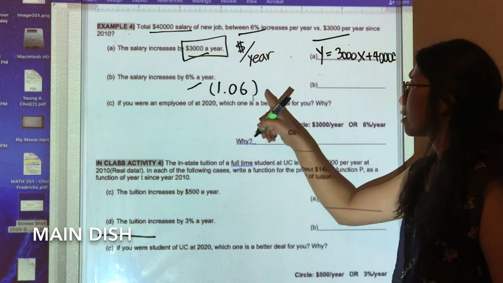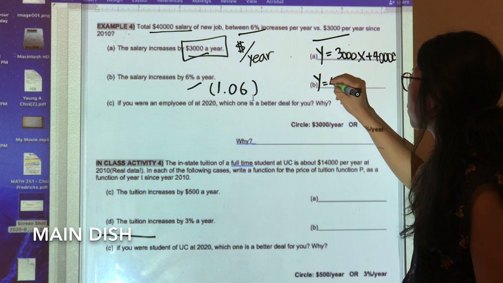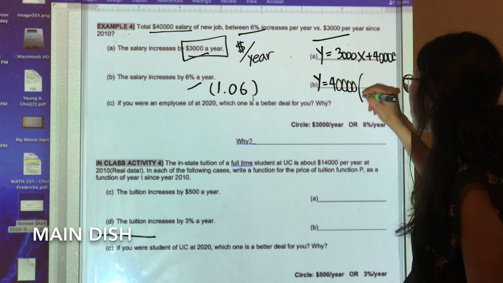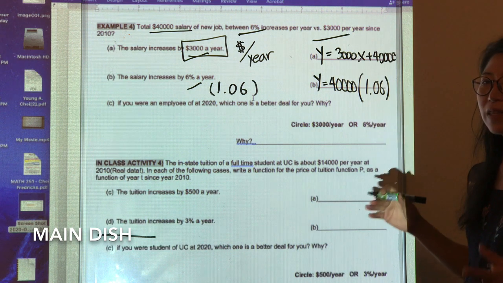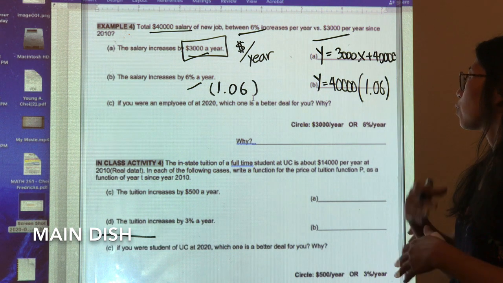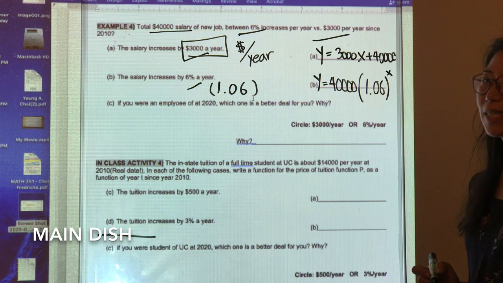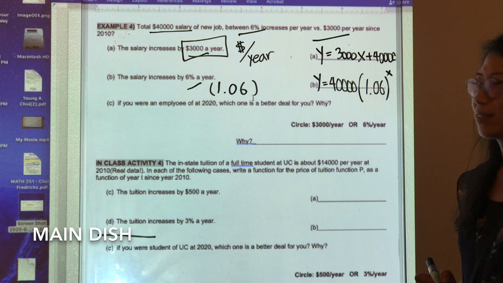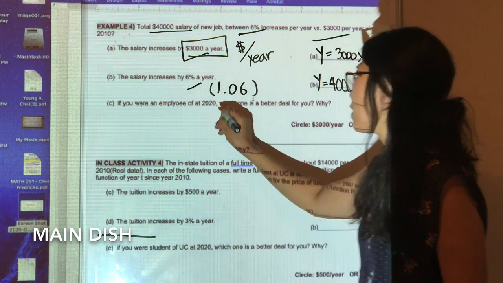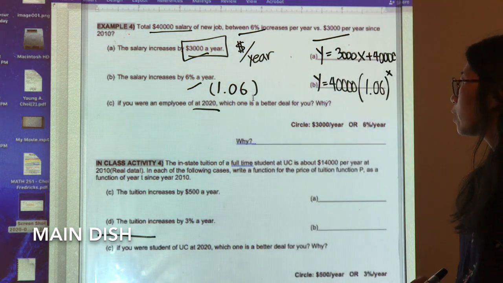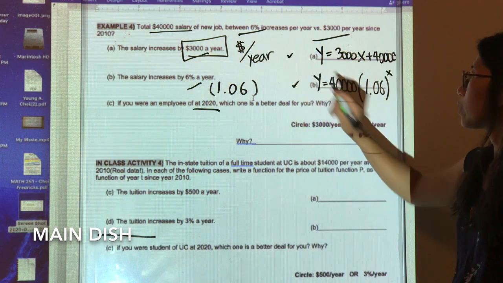As we discussed, B will be the exponential function and the starting number, as you guessed, is 40,000, and then our growth factor will be 6%. On top of the 100% I'm making, it's going to be added 6% each year. So I can put 1.06 to the x. Then I want to see, if you're an employee in 2020, which one will be the better deal for you? Should we stay with this one or the other one?